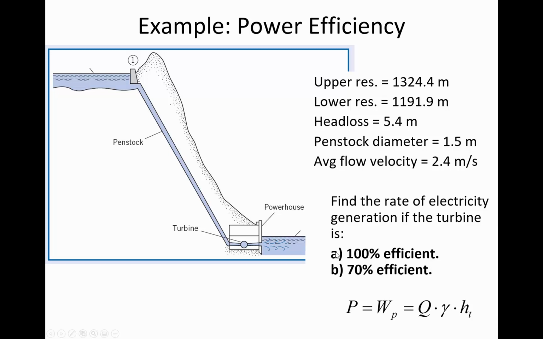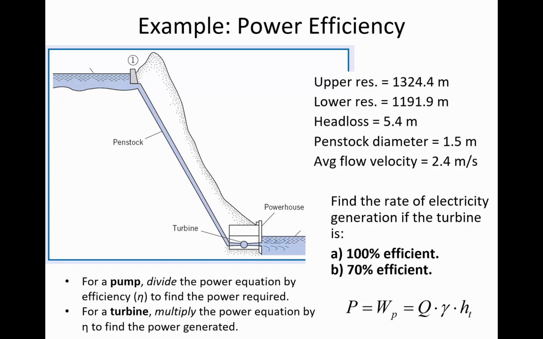At a start, let's just assume 100% efficiency. And that's what this equation, as it's written here, presumes: that the system is 100% efficient at turning a turbine head into electrical power. In part B, you can see that we're also going to consider what if it's 70% efficient.